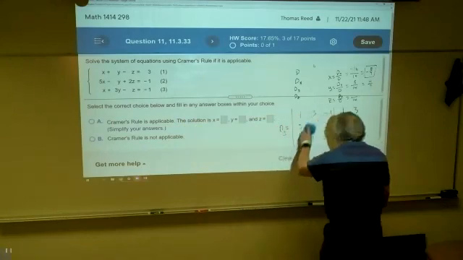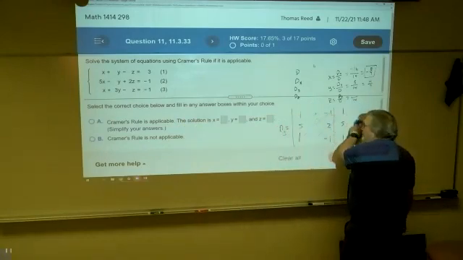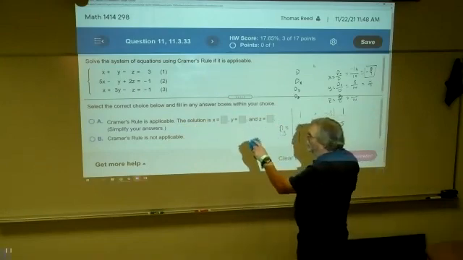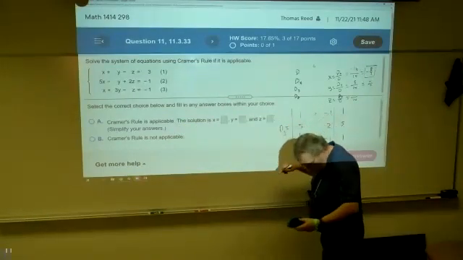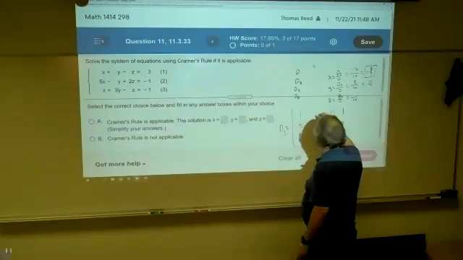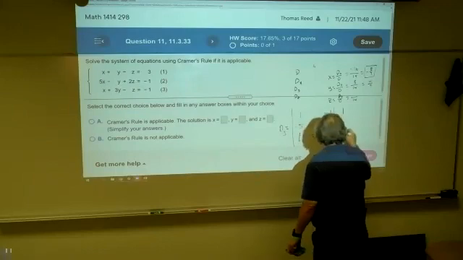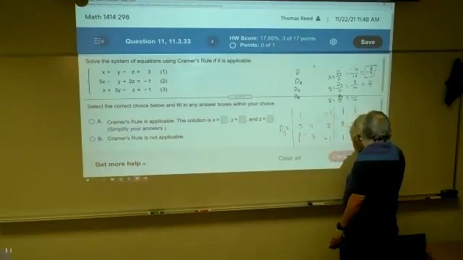So now I'm going to change this column back to the original, which was 1, -1, and 3.